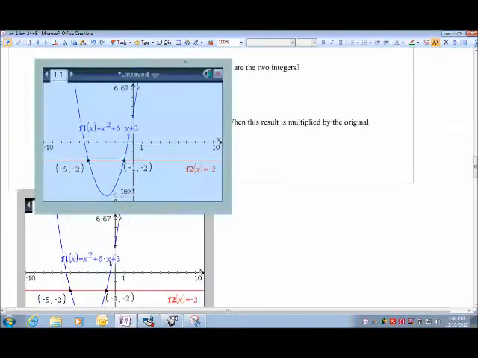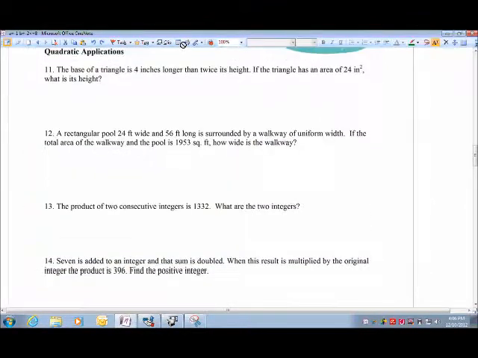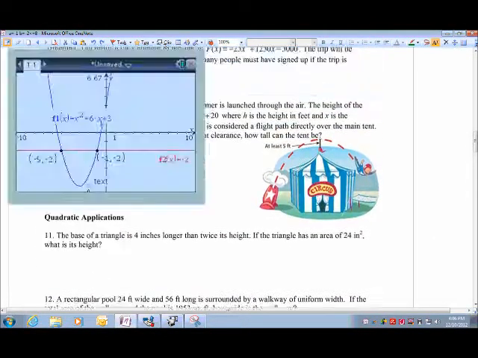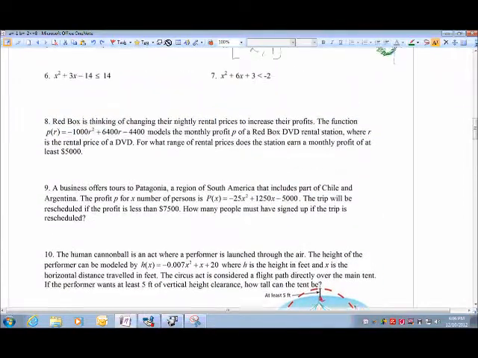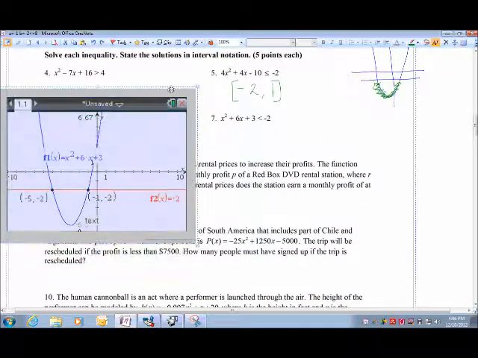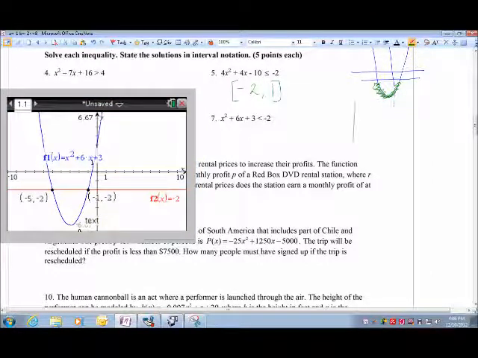And remember, I always recommend that you sketch your graph yourself off to the side of your paper once you have it on your calculator. Alright, so here I'm going to sketch this graph one more time.